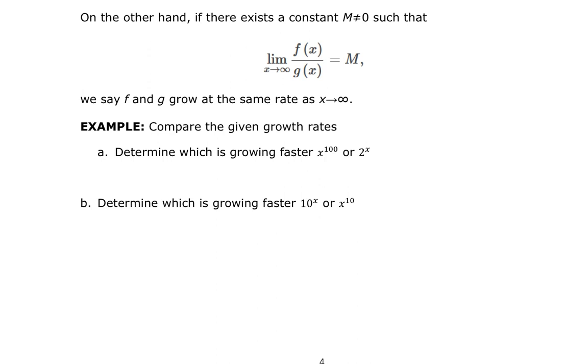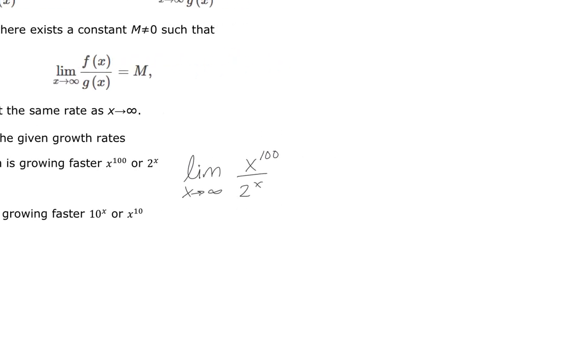With x raised to the 100 over 2 to the x, I'm going to take the limit as x goes to infinity of x to the 100 over 2 to the x. Can I use L'Hopital's? Well, yeah, this goes to infinity and this goes to infinity, so let's use L'Hopital's.